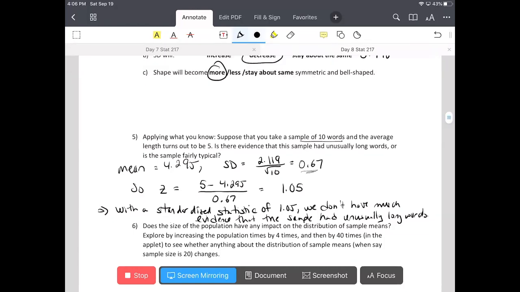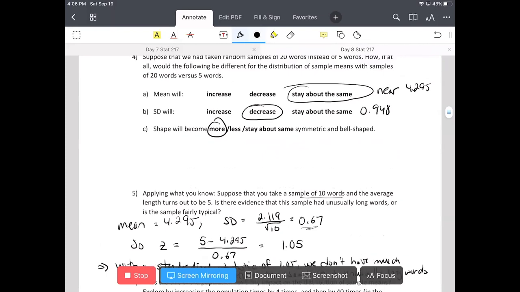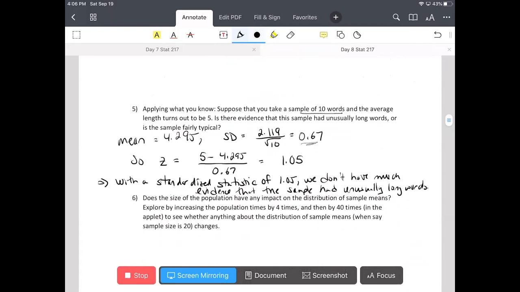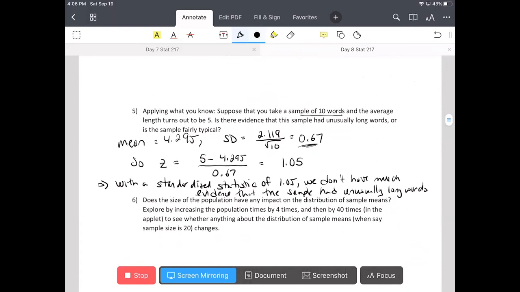Does that make sense? Yes, remember we said there's going to be less variance. When we had a smaller sample size, we had a larger standard deviation. So as our sample size goes up, our variability will go down overall. That makes sense. The standard deviation went down.